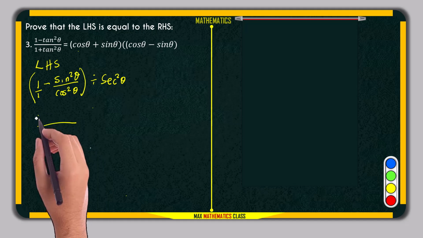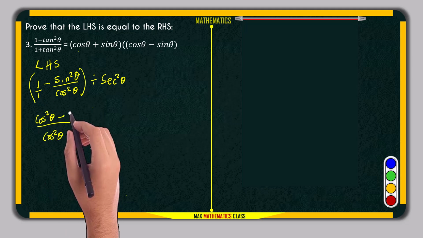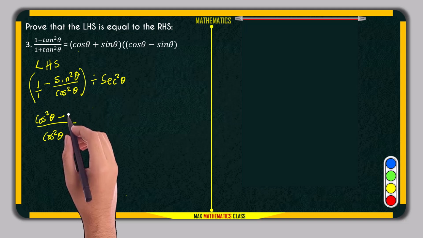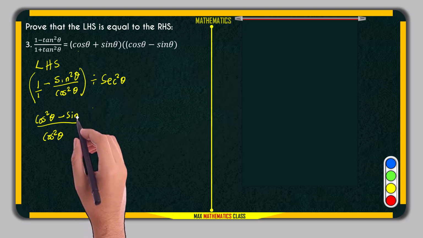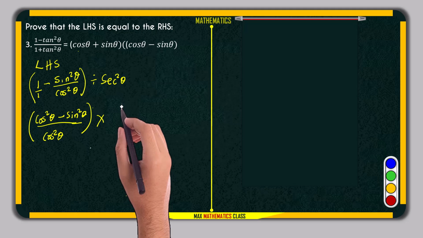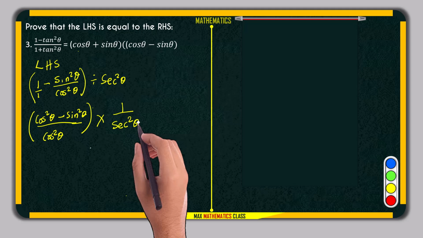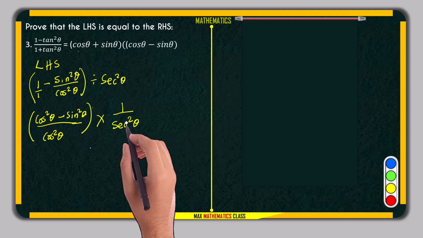So if 1 comes here, we are going to have cos square theta minus, if this cos square theta comes here, we are going to have 1 times this, which will give us sine square theta, times the reciprocal of this, which is 1 over sec square theta. So after this, we are going to check this. The reciprocal of this again is cos square theta.